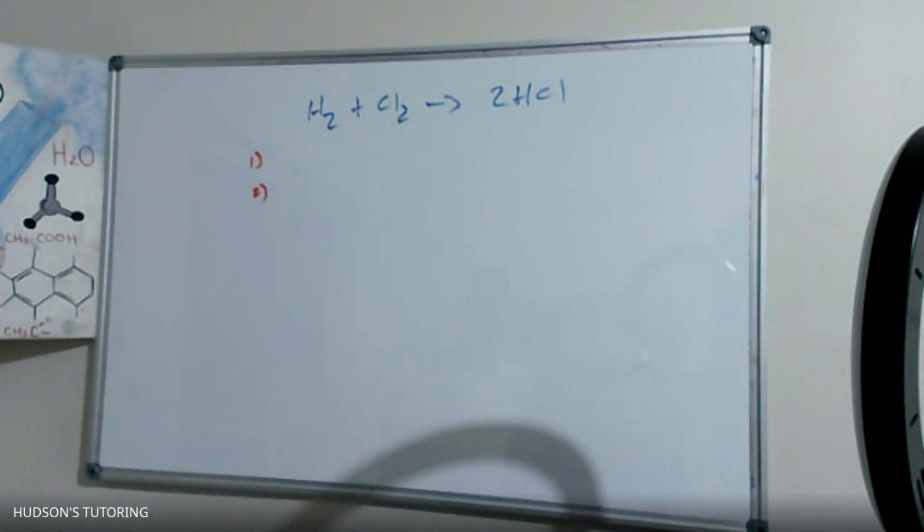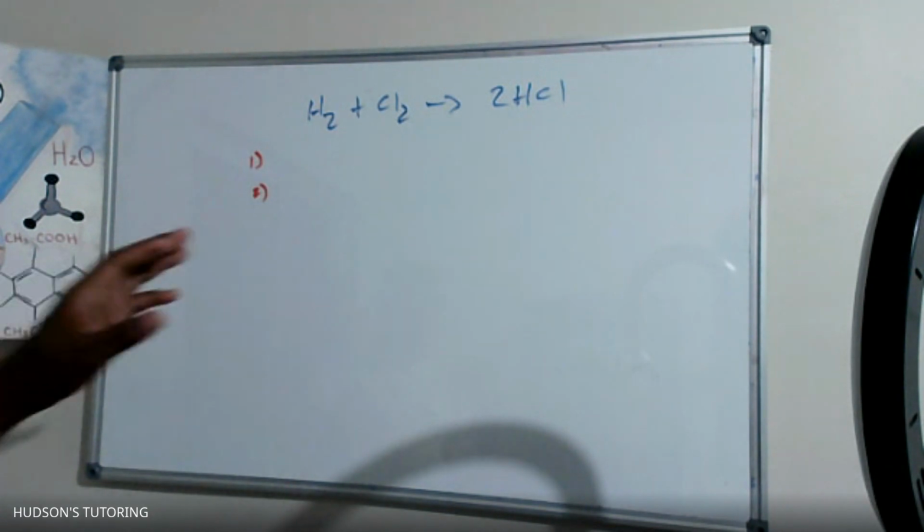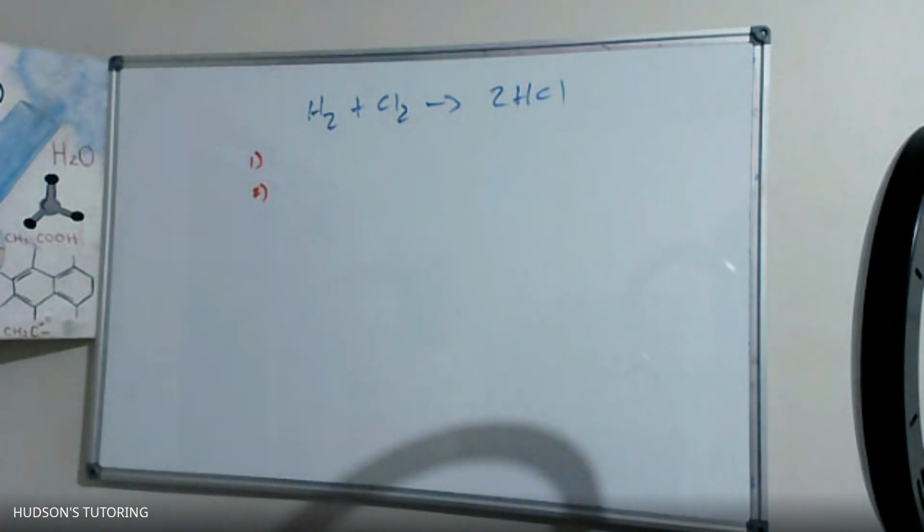The oxidation state of hydrogen is +1, except when it is in a hydride. So the third rule: the oxidation state of hydrogen is +1, except when it is in a hydride. And what do we mean by hydride? A hydride is a metal and hydrogen reacting.